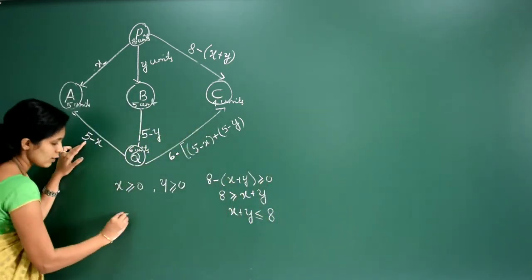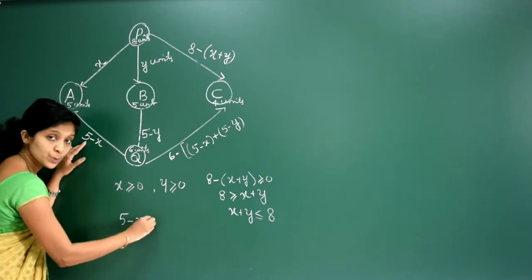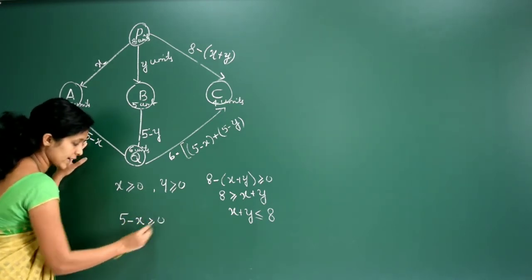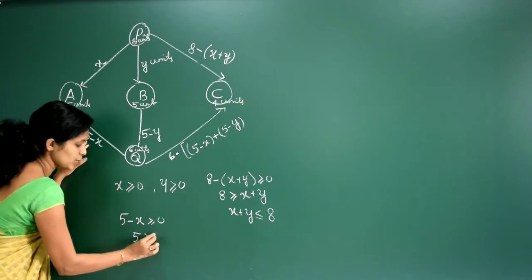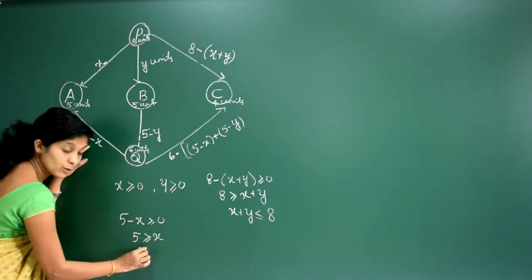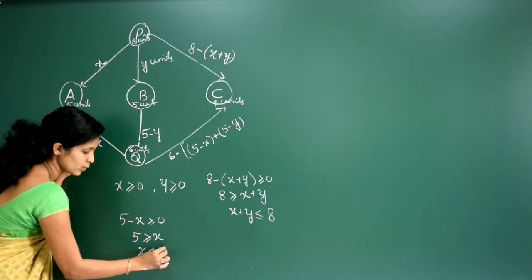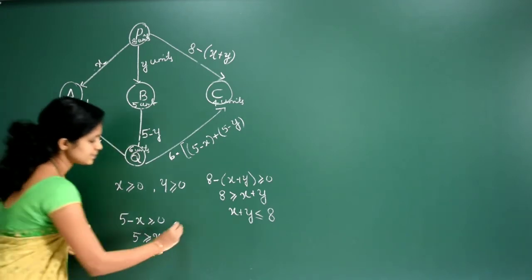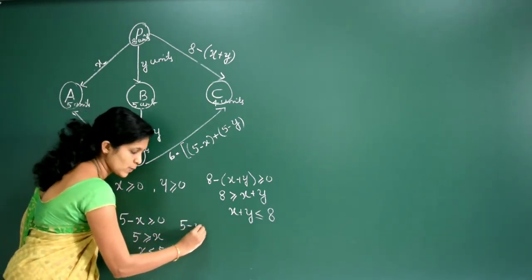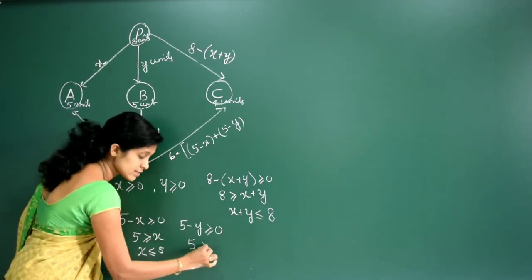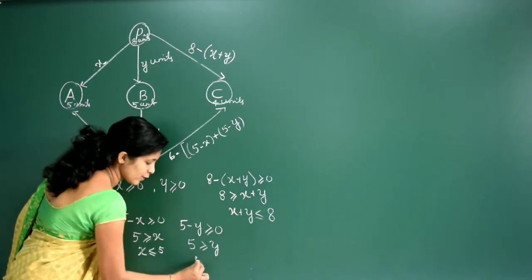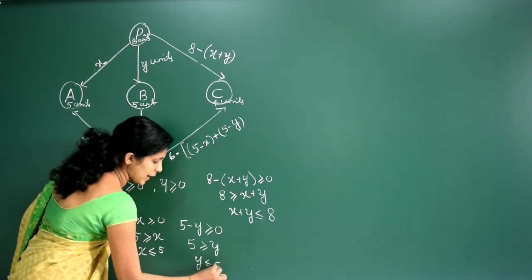Now 5 minus x should be greater than or equal to 0. I can write 5 is greater than or equal to x, or x is less than or equal to 5. Now 5 minus y should be greater than or equal to 0, so y is less than or equal to 5.